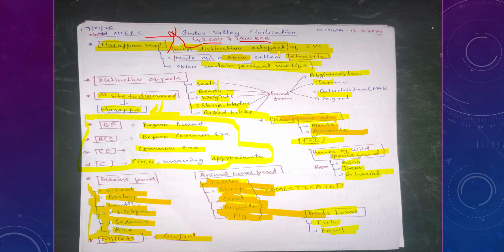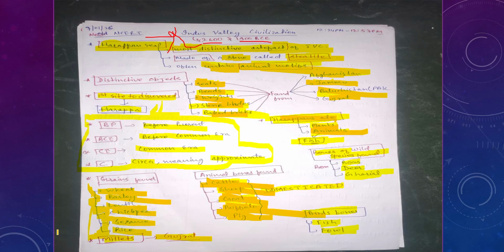The Harappan seal often contains animal motifs. Other distinctive objects other than seals were weights, stone blades, and baked bricks. These were recovered from Afghanistan, Jammu, Baluchistan, and Gujarat. So I hope that now these things have been clear.